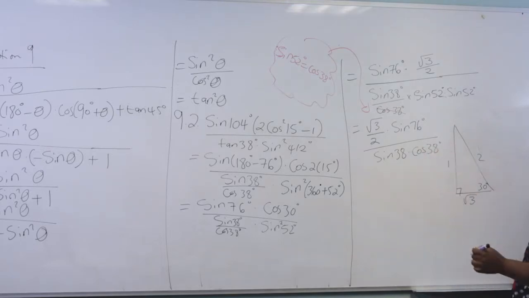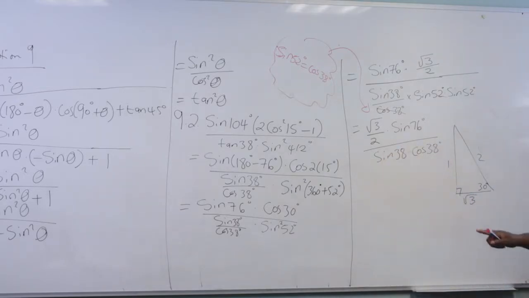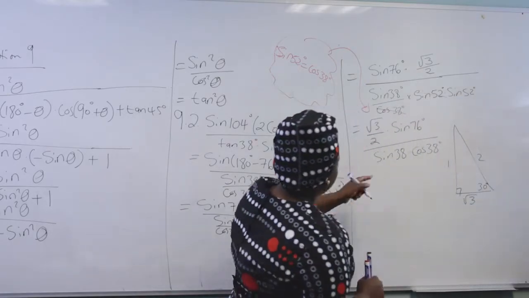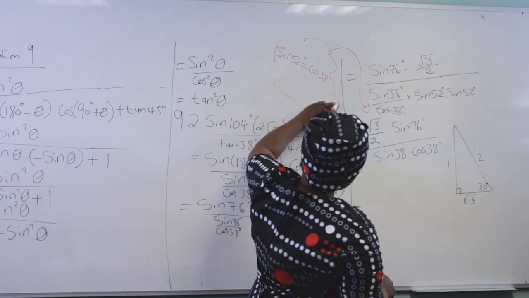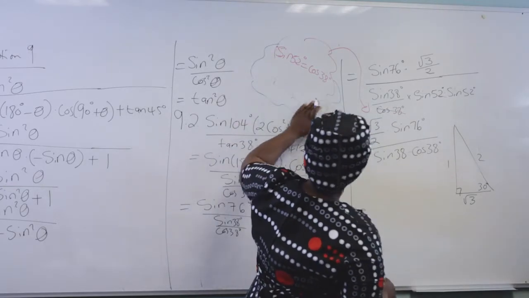Remember we said cos 38 is the same as sine 52. So that is why we are writing it in that manner. Now, if you remember back then, we said we can rewrite this in a different manner. Let's do it inside the cloud so that you can remember. Remember that in the formula sheet, we have the double angle for sine.